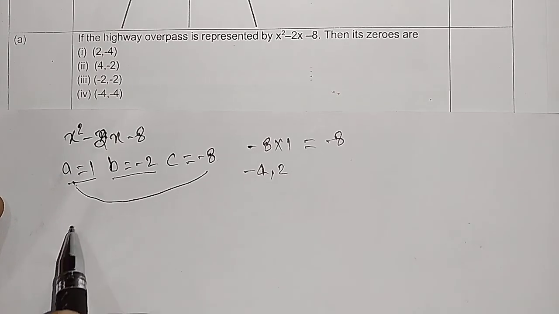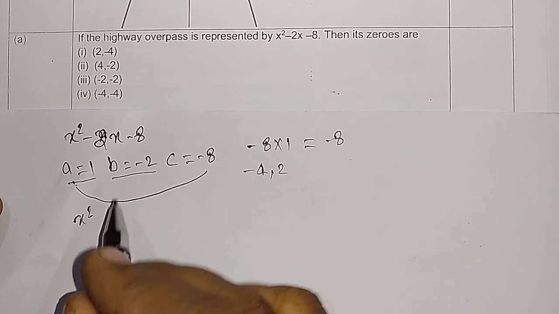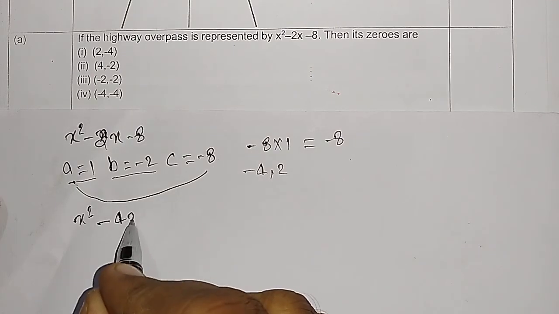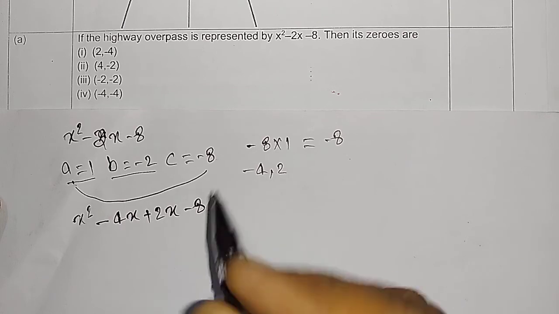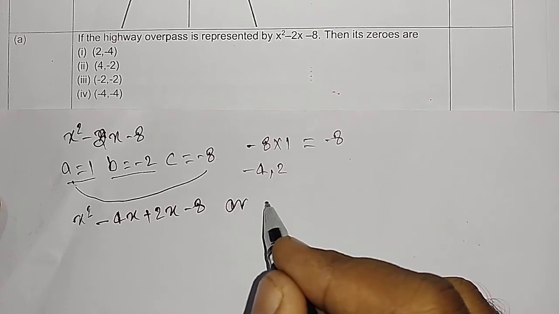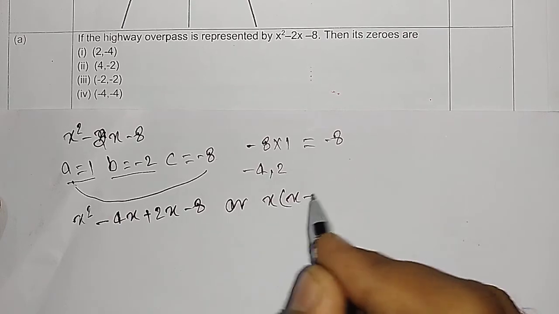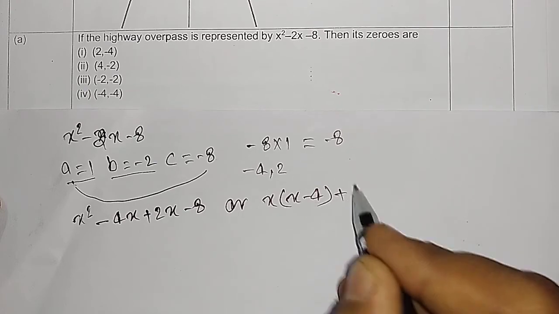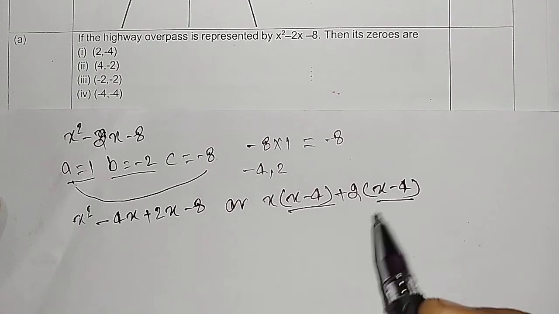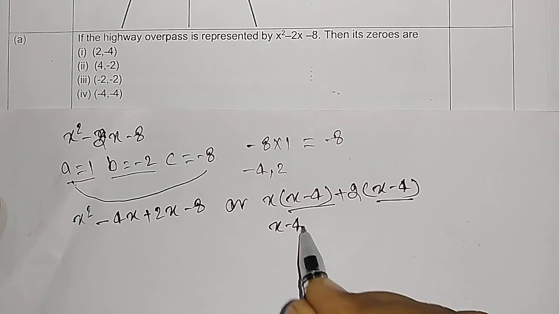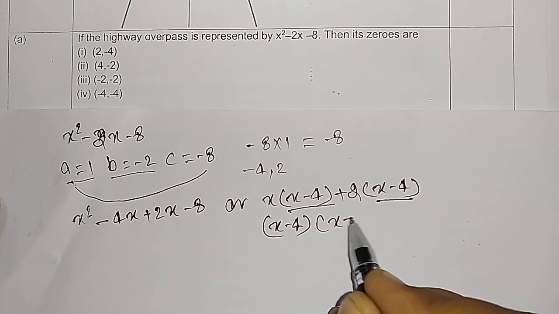So here we have x square minus 4x plus 2x minus 8. From the first two terms x is common, x minus 4, and from the last two terms 2 is common, x minus 4. Here x minus 4 is common, so x minus 4 times x plus 2.